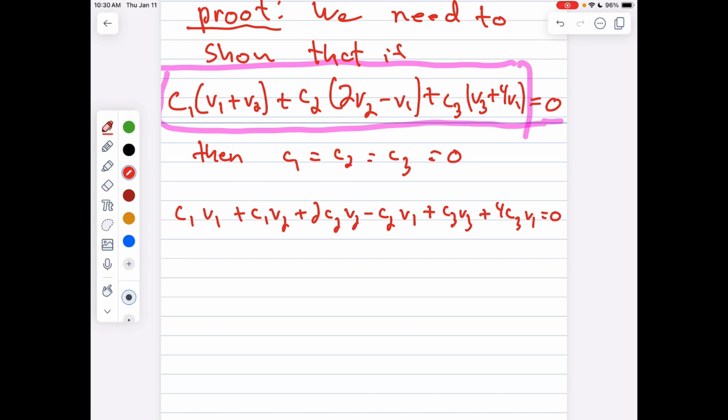So I'll write that down in so many ways. The way I'm going to do that is I'm going to combine every term, in the sense that I'm going to combine all the v1s. So all the v1s would be right here.